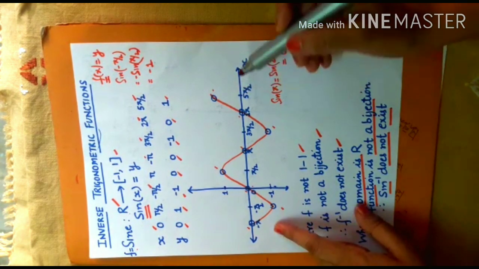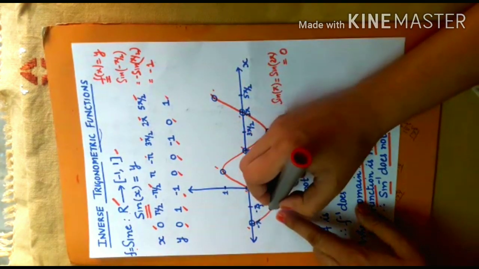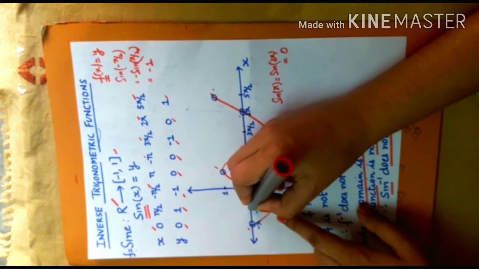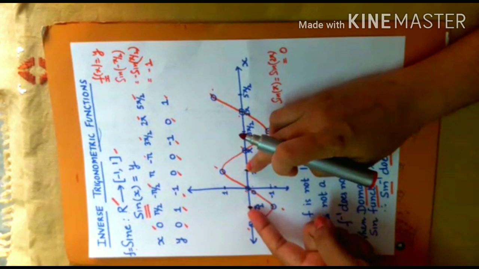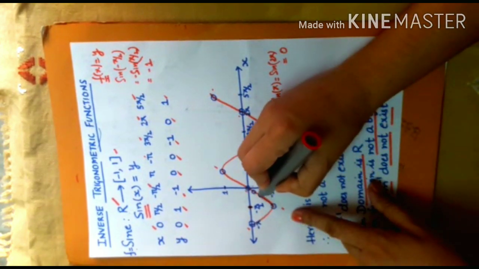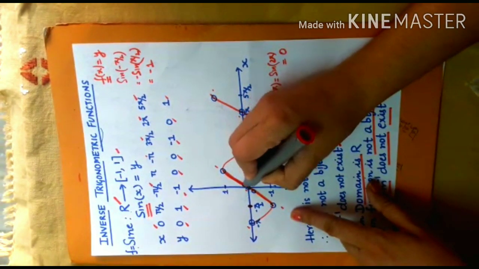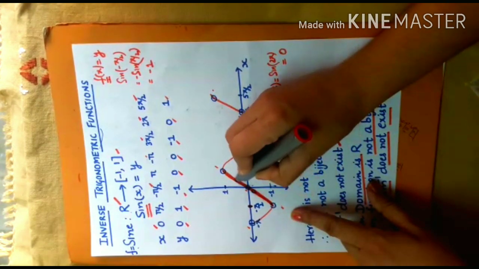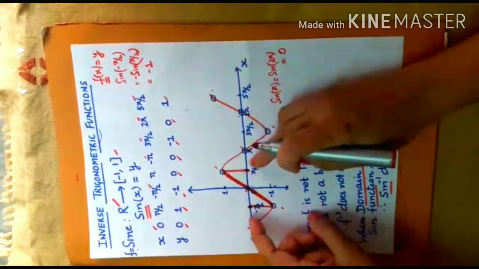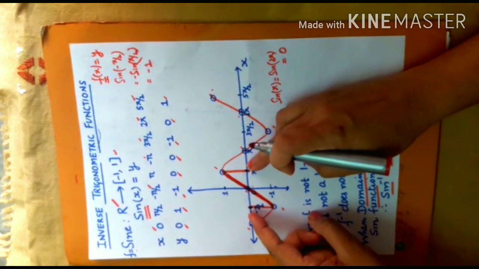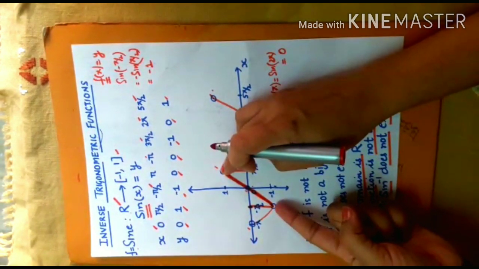But if I restrict my domain to say this part, that is from minus pi by 2 to pi by 2, in this branch, this is the portion of the sine graph.